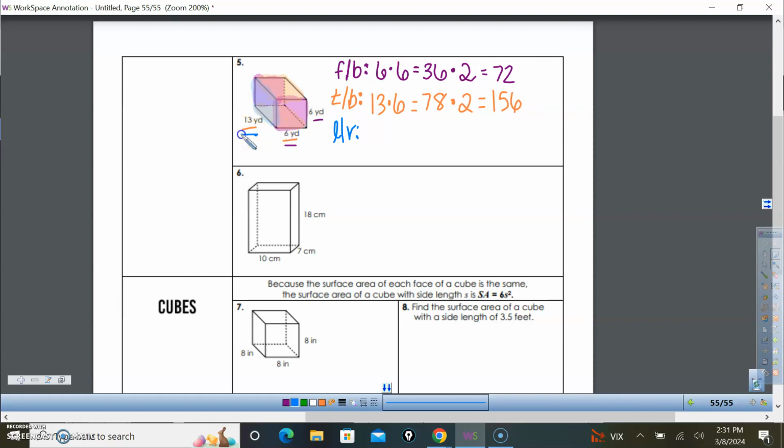So I have to multiply 13 times 6 again. And 13 times 6 gives us 78. That gives us the area of the left side, but if we want the area of the right side as well here, we are going to have to multiply by 2 again, which will give us 156 again.